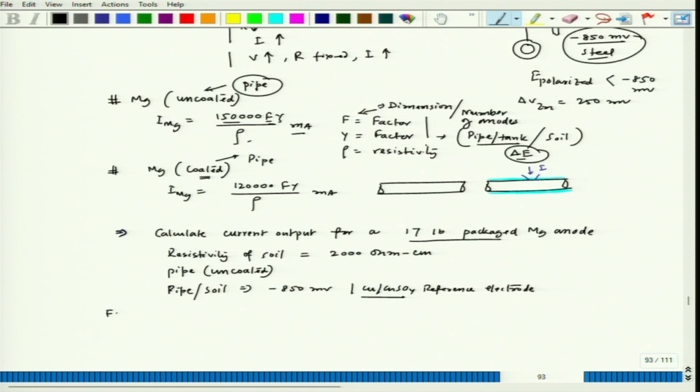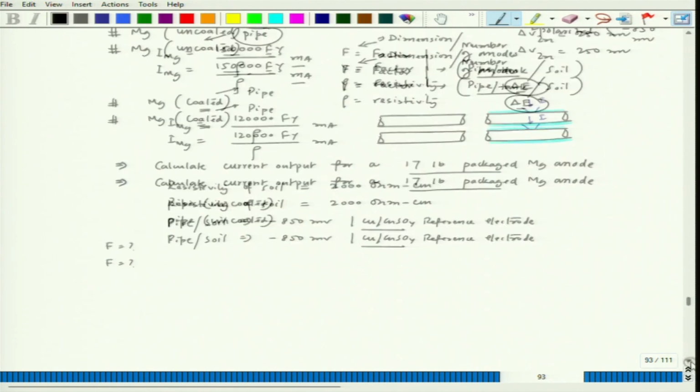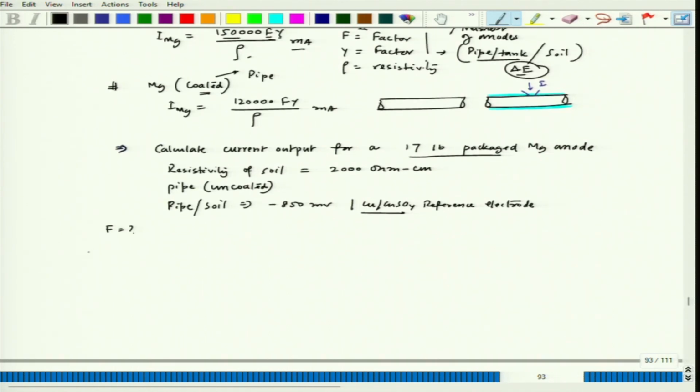First let us see what the F value is. For that we can think of using this data set. Let us say standard anode, and this weight is in pound. Now, details of the dimension as well as the arrangement.